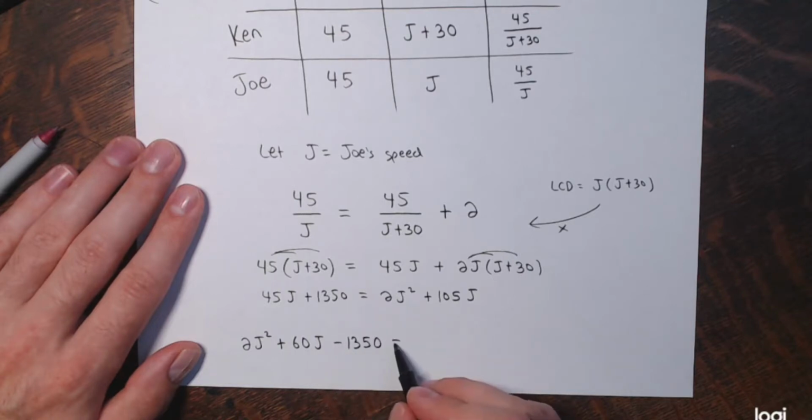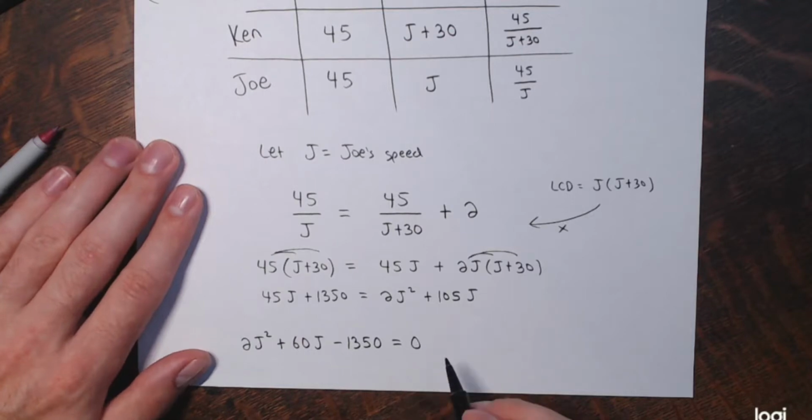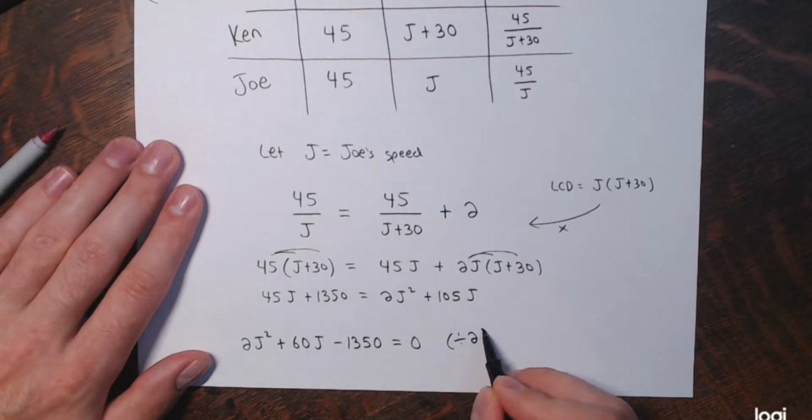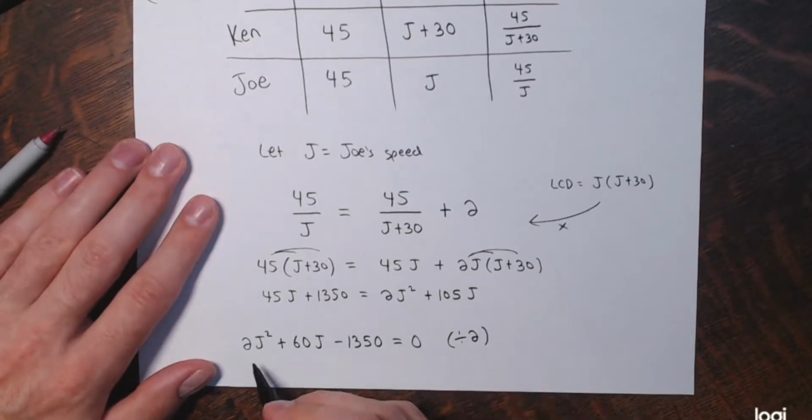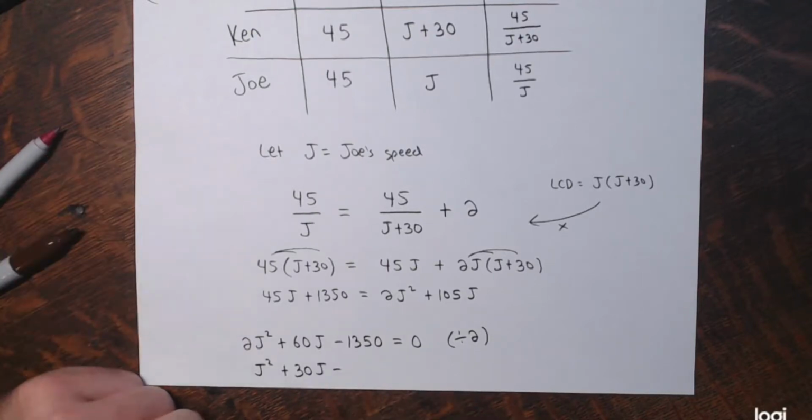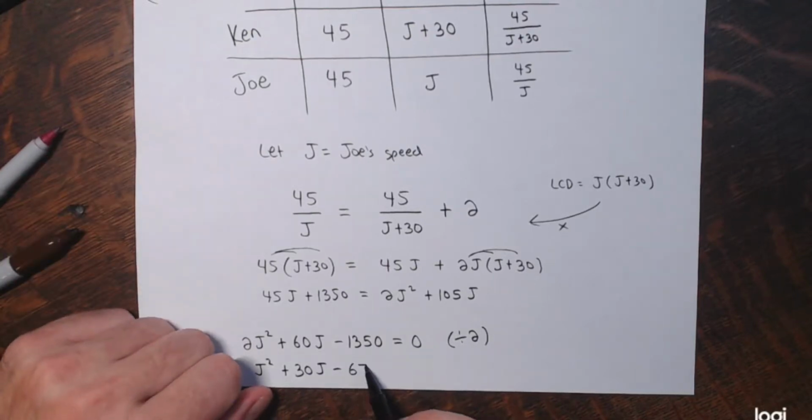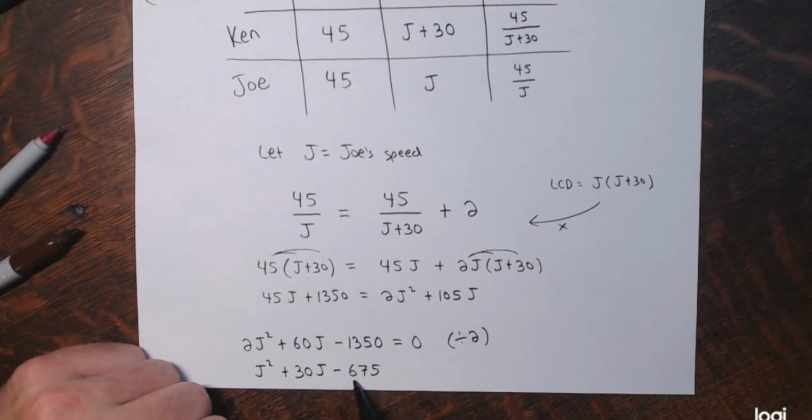Equals 0. And one thing I'm noticing here is that all these coefficients are even, so I'm going to make the numbers smaller. Divide everything by 2, so we have J squared plus 30J minus 675. Yeah, 675, right? 1200 plus 150.